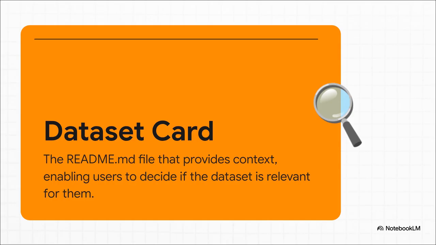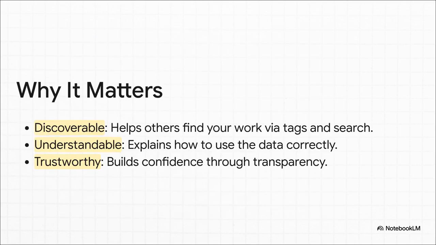You explain how the data was made, what the different fields mean, maybe suggest some cool ways to use it, and, this is really important, you talk about any limitations or potential biases in the data. At the end of the day, this documentation is what makes your dataset actually useful to other people. A good card makes your data discoverable so people can find it, it makes it understandable so they use it correctly, and most importantly, it builds trust through transparency.